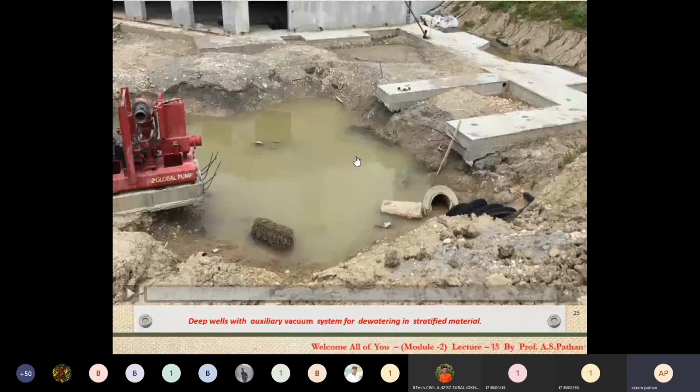We cannot extract the water directly from this area. Why? Because the water comes again from the nearby area.